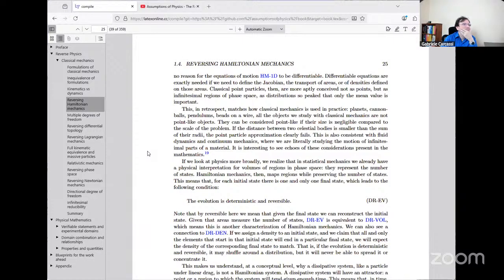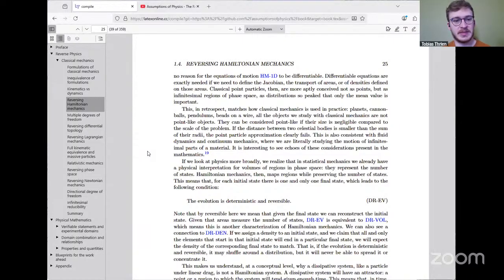This, in retrospect, matches how classical mechanics is used in practice. Planets, cannonballs, pendulums, beads on a wire, all the objects we study with classical mechanics are not point-like objects. They can be considered point-like if their size is negligible compared to the scale of the problem.